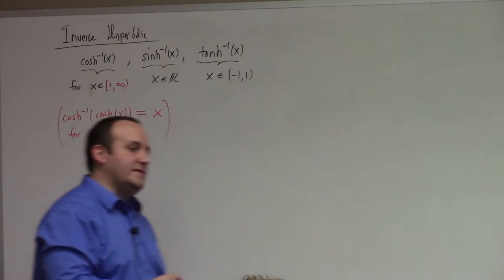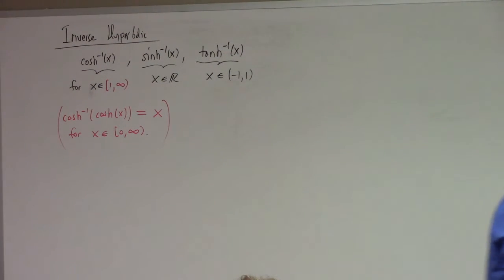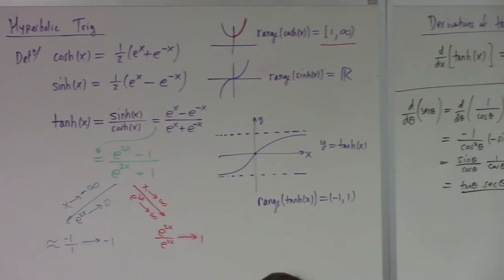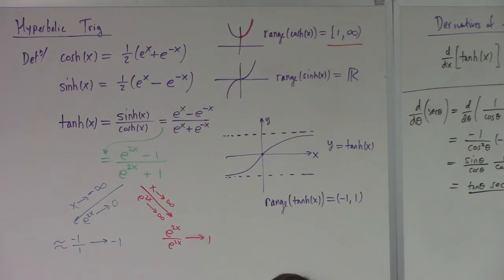What I'm saying is that the inverse hyperbolic cosine is non-negative. In fact, the inverse hyperbolic cosine is really the inverse to the function I'm drawing in red right now, the graph of that function. We can't find an inverse for the whole hyperbolic cosine function because it's not one-to-one. It fails the horizontal line test.